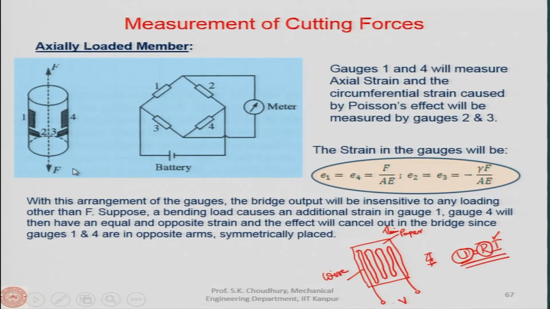The principle is the same: on the thin paper there is a spiral wire, and the entire paper is glued on this member, so that when this axially loaded member is deformed, the wire rigidly glued on it and the paper will be deformed and the resistance will be changed.